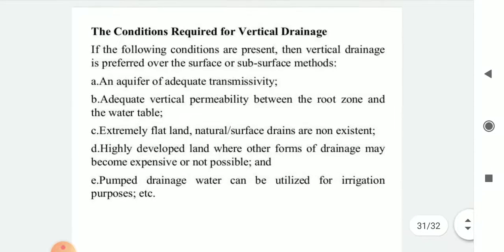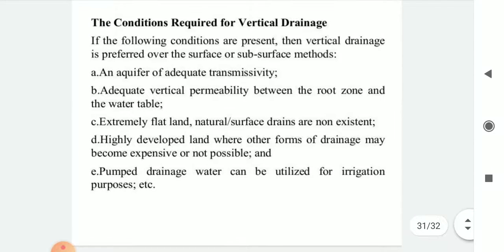The conditions required for vertical drainage. Under what conditions do we prefer vertical drainage? If the following conditions are present, then vertical drainage is preferred over the surface or subsurface methods. First, an aquifer of adequate transmissivity.